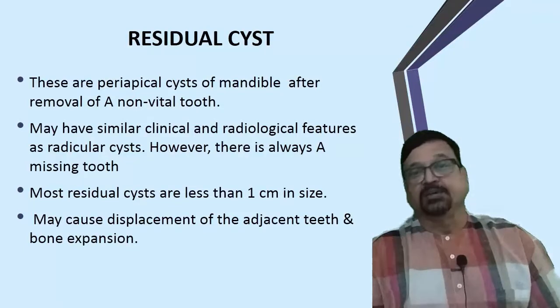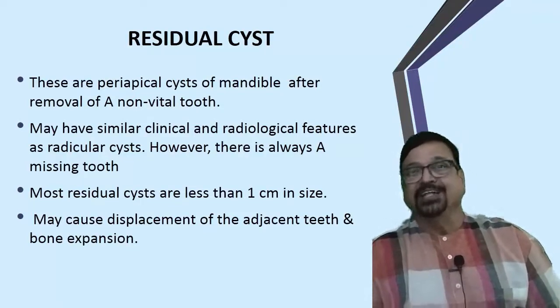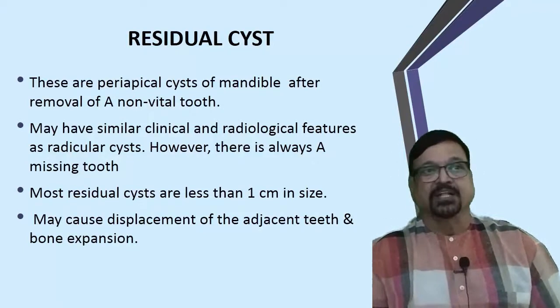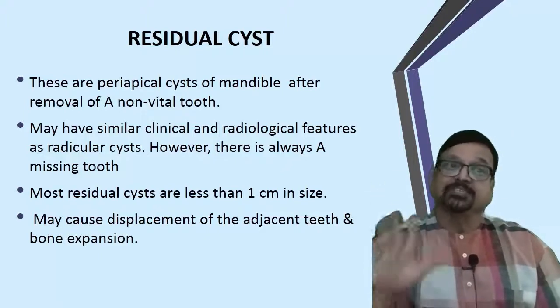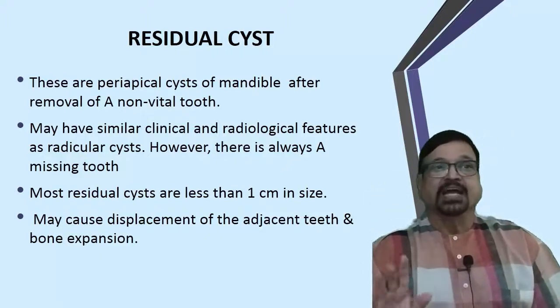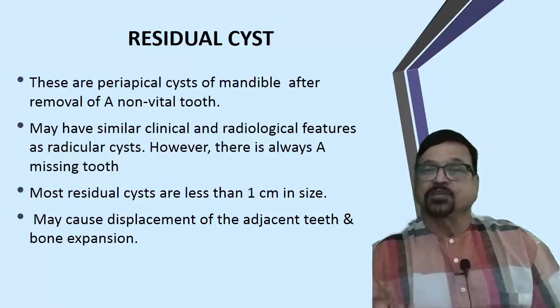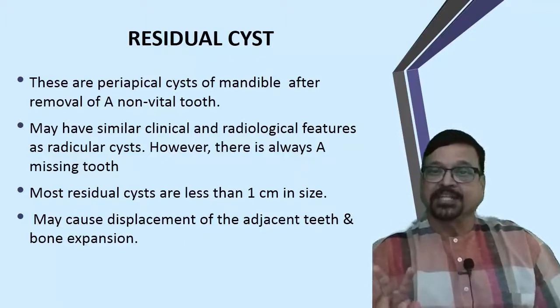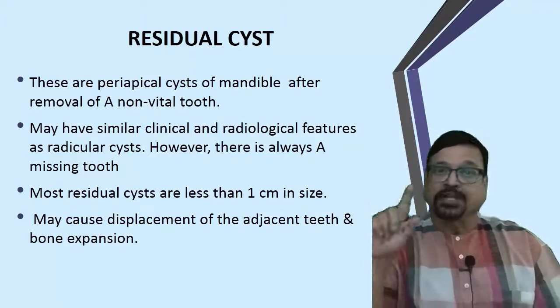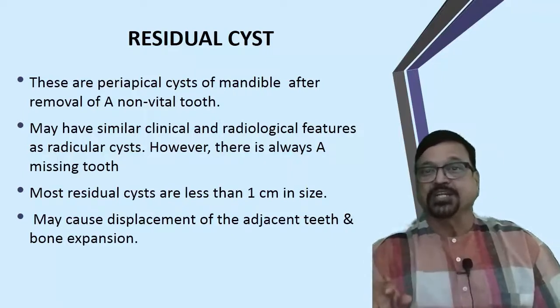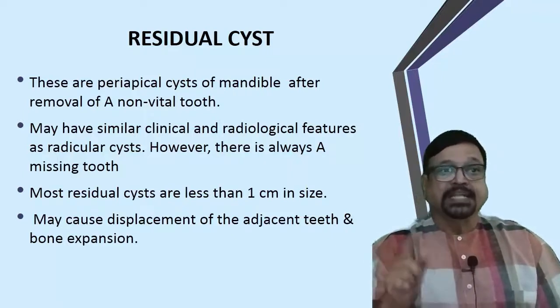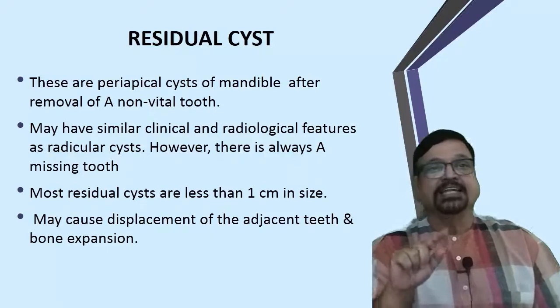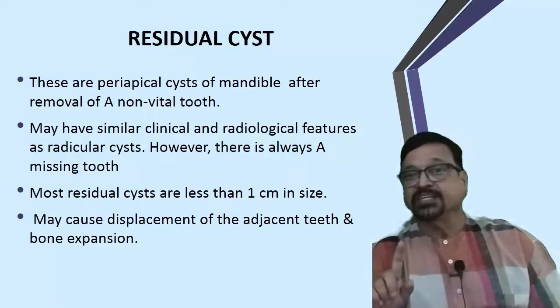Now what is a residual cyst? It is a cyst, it's a residual. So these are the periapical cyst of the mandible, after removal of a non-vital tooth. So two things there has to be there. There has to be a non-vital tooth before, and there has to be history of surgery. You need to remove them. So many have similar clinical and radiological features as radicular cyst.